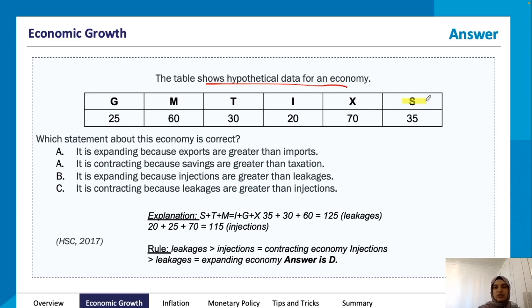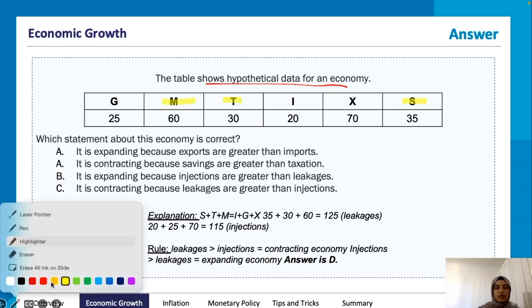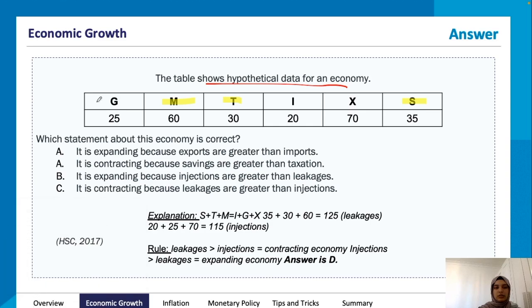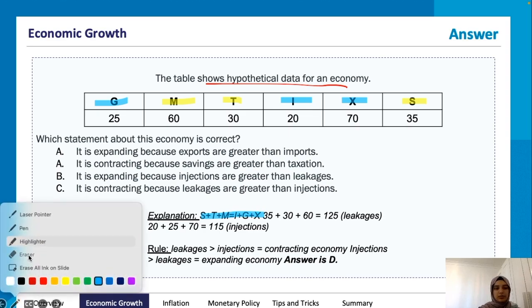Okay, so leakage, leakage, leakage, and then another color, let's take blue, injection. Let me change the color. Actually, might be a bit confusing.